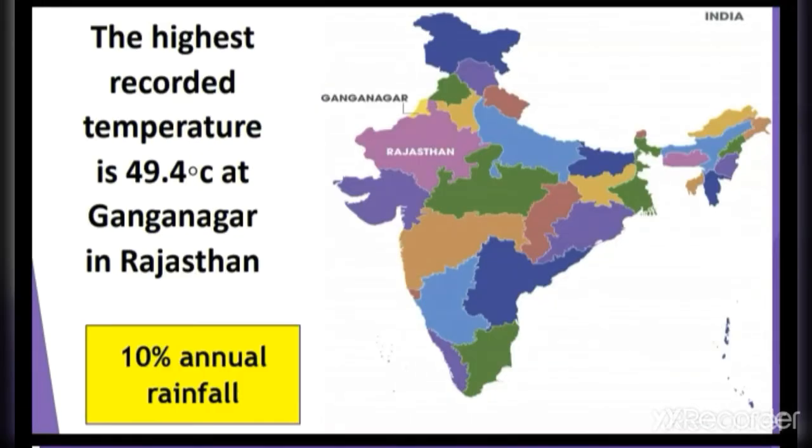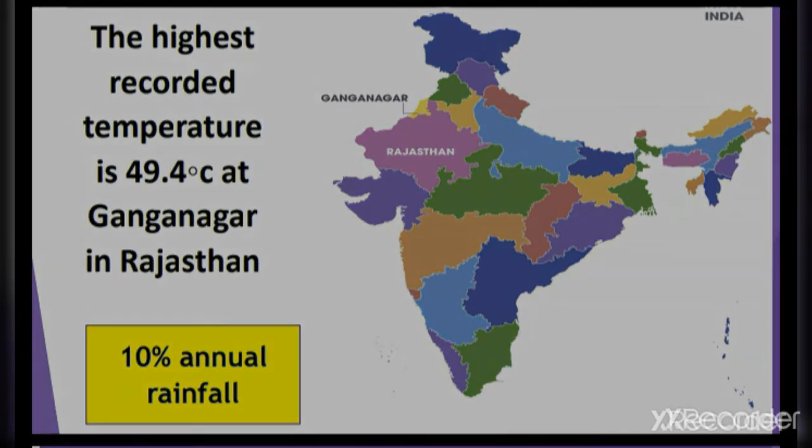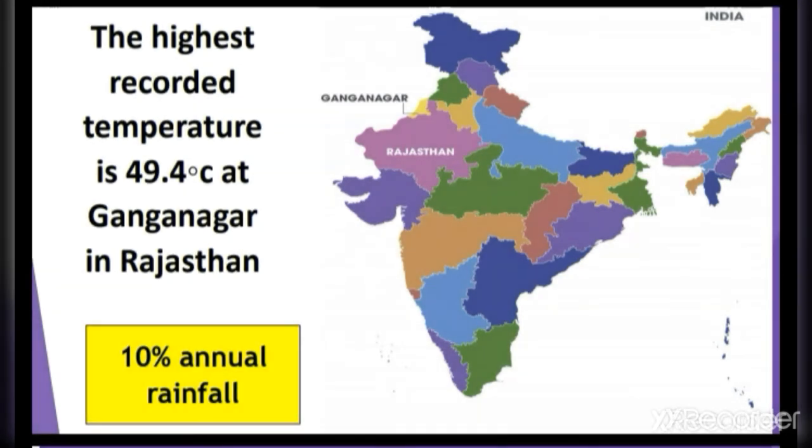The highest recorded temperature is 49.4 degrees Celsius at Ganganagar in Rajasthan.